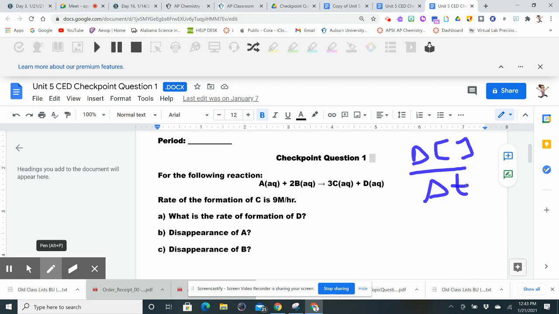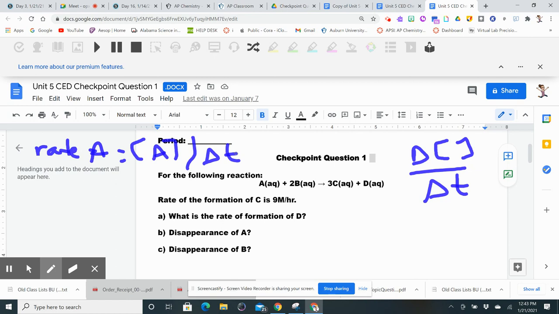And I think it's the first Ed puzzle, they gave you this thing where it says, if you have a reactant A, then the rate for that reactant is just going to be the change in concentration of A over change in time.